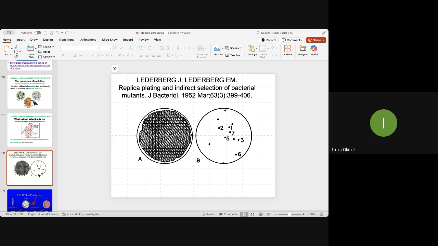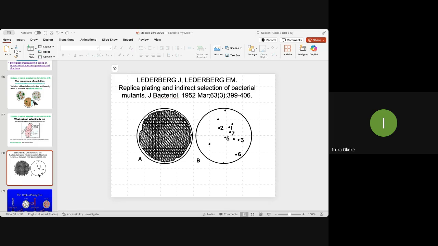And so in my culture, there were a few bacteria that had changed to become streptomycin resistant. And when I put them on a streptomycin plate, all the sensitive bacteria died, and the few that were resistant survived.